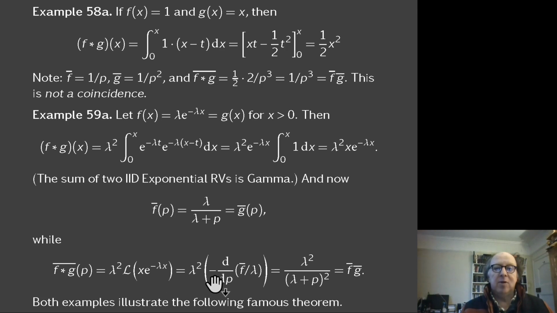And that's lambda squared times minus d by dp of 1 over p plus lambda, and that's lambda squared over (lambda plus p) all squared, which is f bar g bar. So once again, we're illustrating the famous convolution theorem.